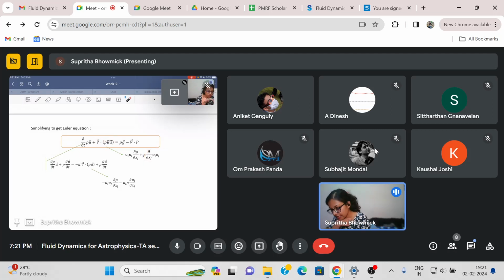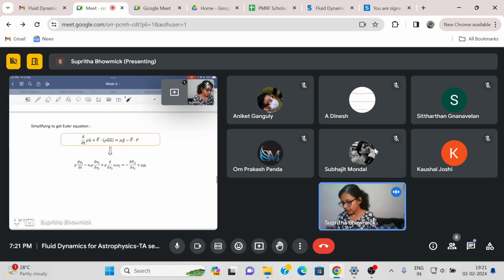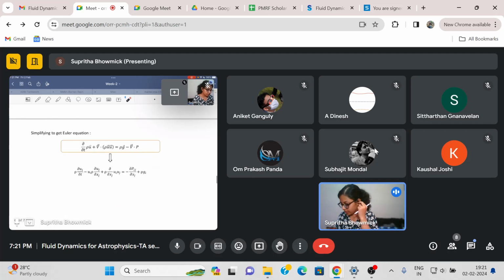Now notice that the j indices contract, and these are equations for the index i. J's are summed over. If there's still some confusion, we can come back to it.